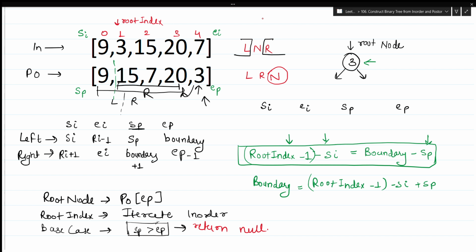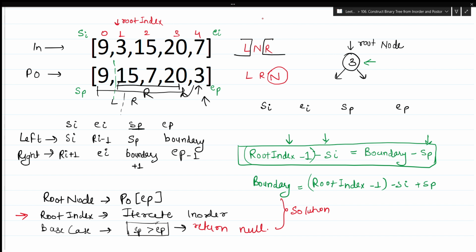But one thing: for every subproblem, to find the root index, how can I optimize? Now I got a solution, but I need to optimize. Can I optimize? Yes, I can. To find the root index, I need to iterate over the in order array again and again.